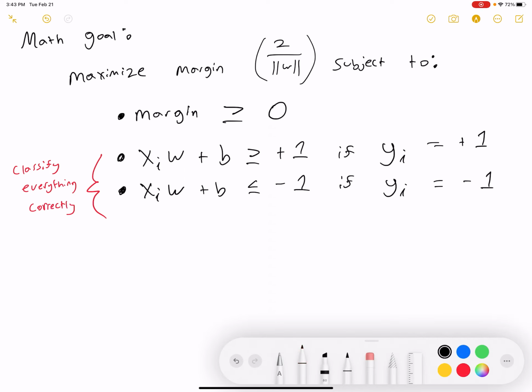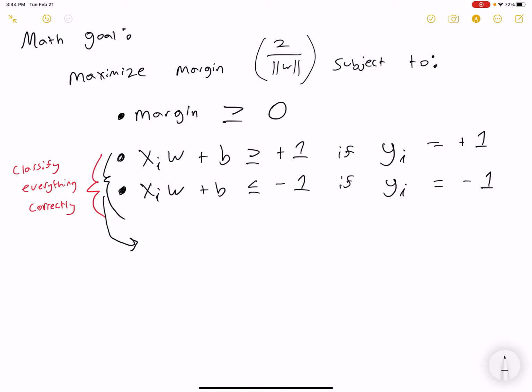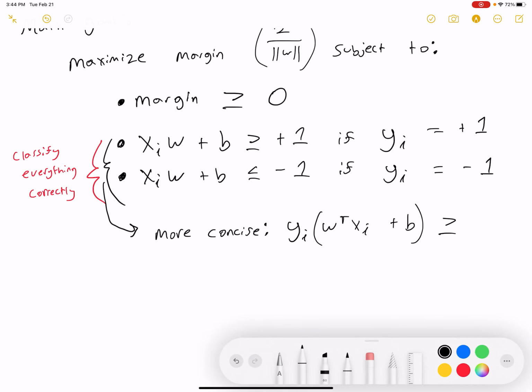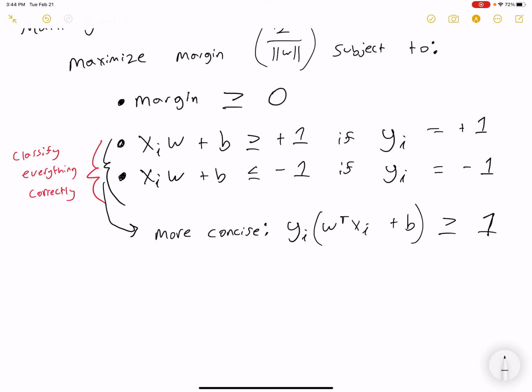A more concise way of writing these two equations that you'll often see people write is yi times W transpose xi plus b is greater than or equal to 1, which is the same thing, because if you think about what happens when the true value is 1 and the actual value is 1 versus when the true value is -1 and the actual value is -1, in both cases, when you multiply it out, the result is greater than or equal to +1. So that is exactly what we want to do.